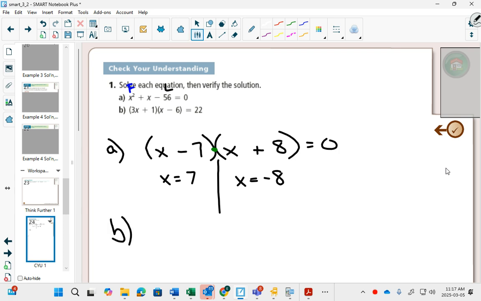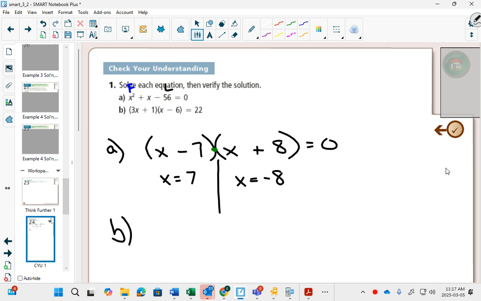So what's the problem in part B? It's already multiplying, and it's not equal to 0. It's equal to 22. Someone says, well, why can't we do 22? I said, well, what multiplies to get you 22? It could be 1 and 22, 11 and 2, 3 and 22 thirds, 1.735 and a number to be named later if I had a calculator.